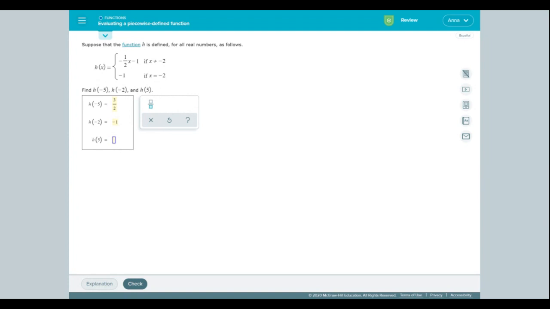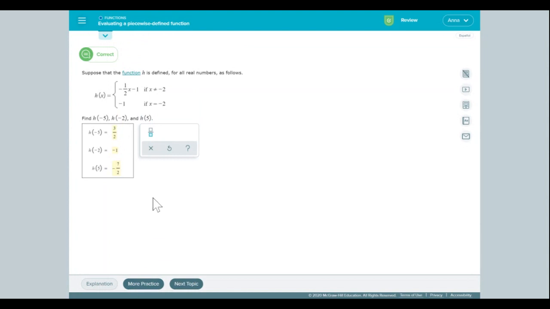And so I get -7/2. It's okay that the negation is outside of the fraction. You'll see in one of the videos I posted in Blackboard that that's a normal thing that occurs. So let's go ahead and check our result. All right, let's do another one.